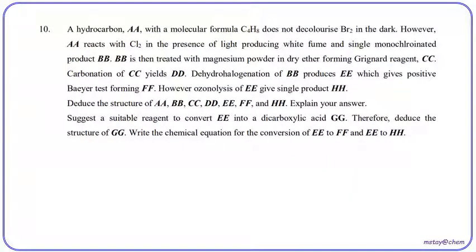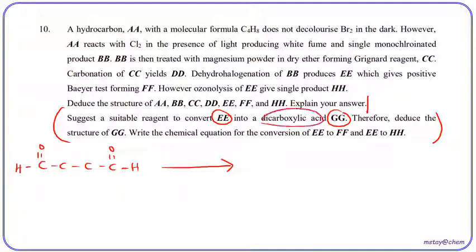Okay, so just now we already finished up to here. So now we're going to start with here. Suggest a reagent to convert HH to GG. Okay, HH just now is a carbonyl compound which has C double bond O, H, C double bond O, H. And then we want to form a dicarboxylic acid. That means the aldehyde becomes a carboxyl group. So here is CH2, CH2. So we know that this is an oxidation process.